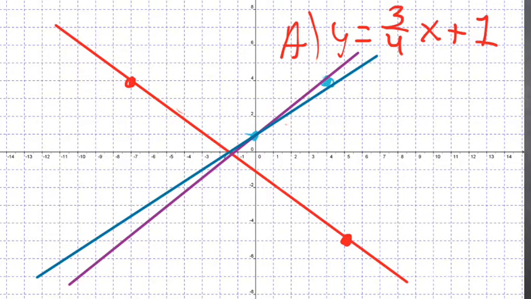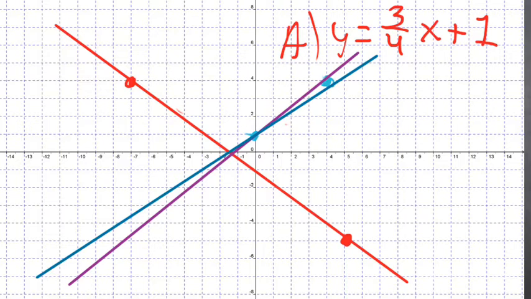But why is it off by a bit? Because its slope is off by a bit, which means it does not have a slope of 3/4. It probably has a slope of, for all I know, 2.5/6. You could have decimals, but most likely we aren't going to deal with decimals.